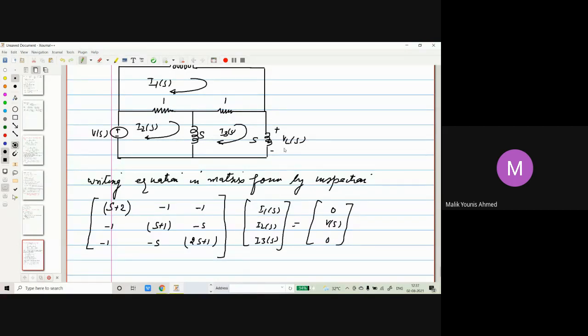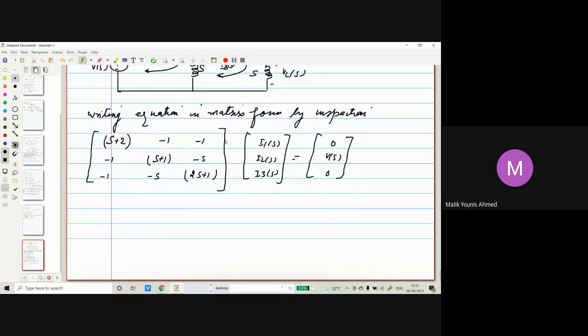Why I3? Because this I3 is flowing through VL of S, so VL of S will be I3 of S multiplied by the impedance. That's why we are choosing the current I3.